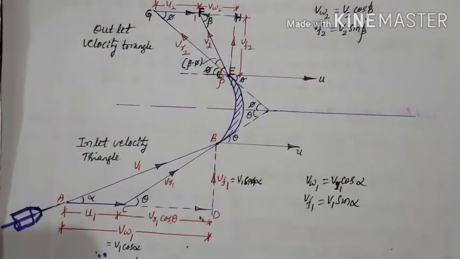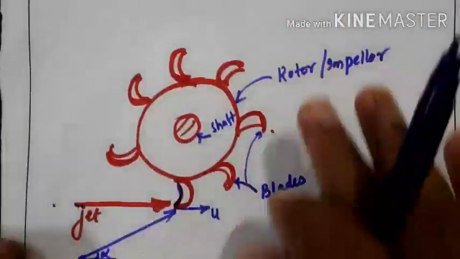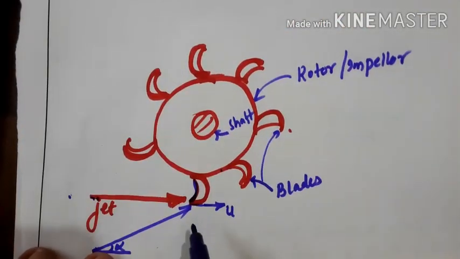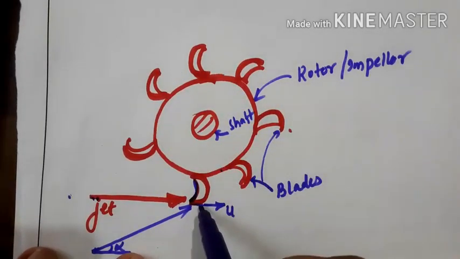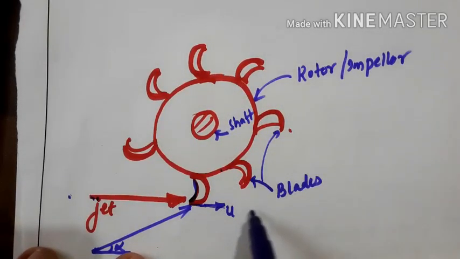And look at this figure, though the blades move in a circular path, these blades will be moving in a circular path, not in a linear path.